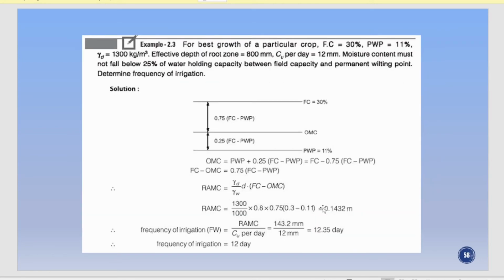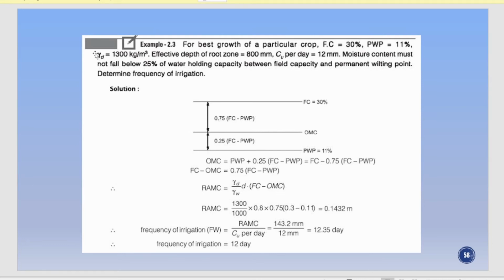Now we'll go with the next problem. I'll just read out the problem once. For best growth of a particular crop, FC is 30%, PWP is 11%, and the specific weight of dry soil, gamma D, is 1300 kg per meter cube. Actually it is in terms of kg, so it is density itself, not gamma.